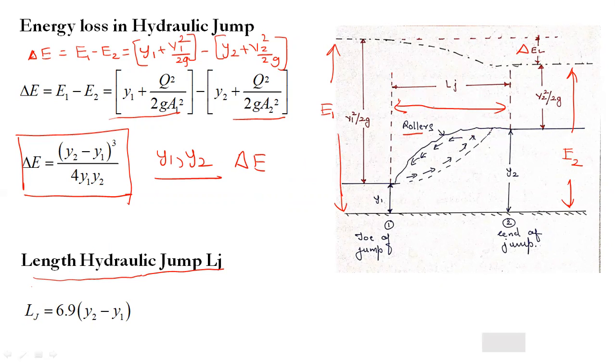Now, the length of hydraulic jump is a critical issue, and it has to be addressed separately. But basically, if you can remember a simple formula, if you don't have any other tools to calculate it, you can just use this formula: 6.9 times (y2 minus y1). So you just need to know y1 and y2, and you can directly get Lj, that is the length of hydraulic jump.